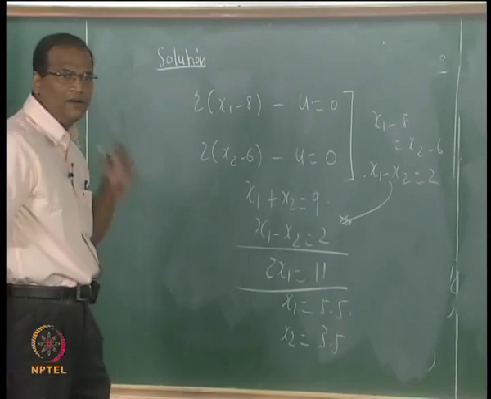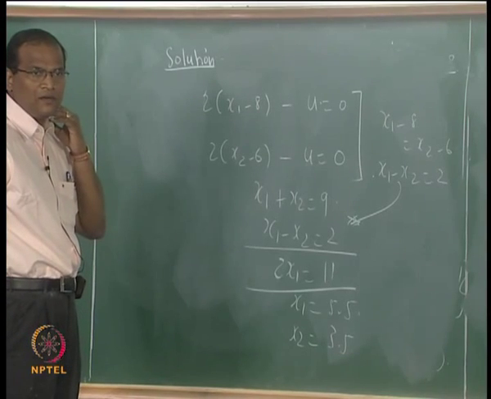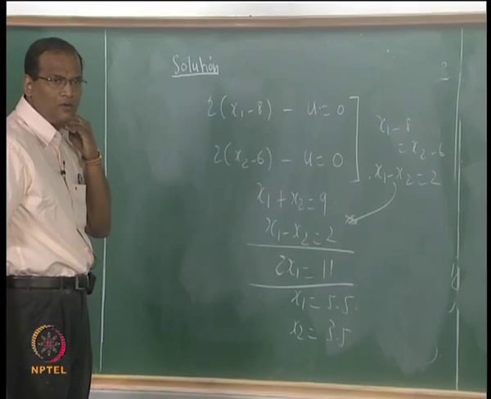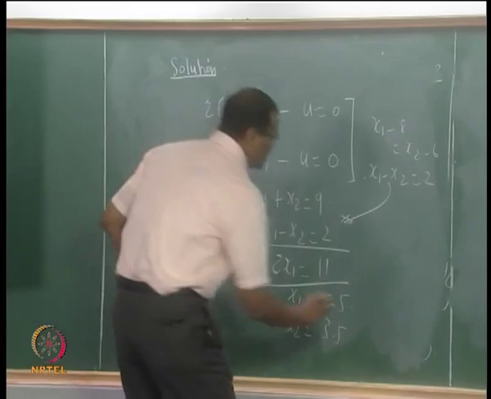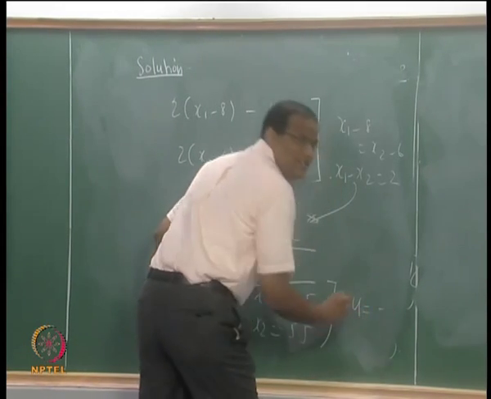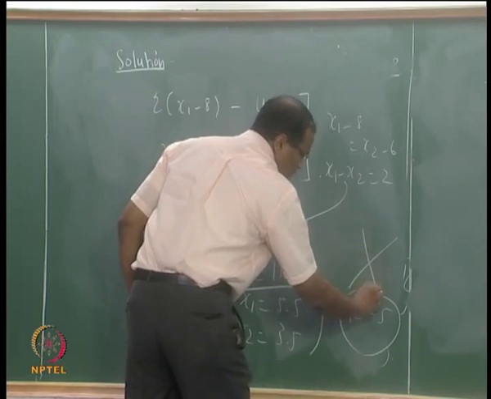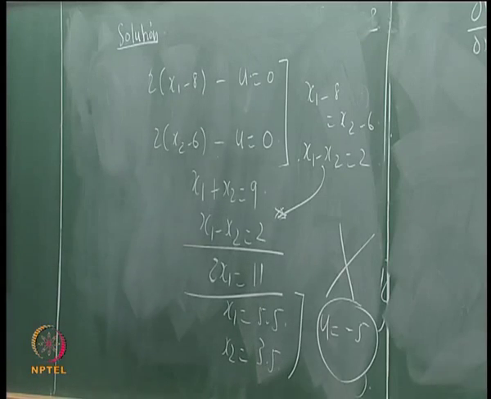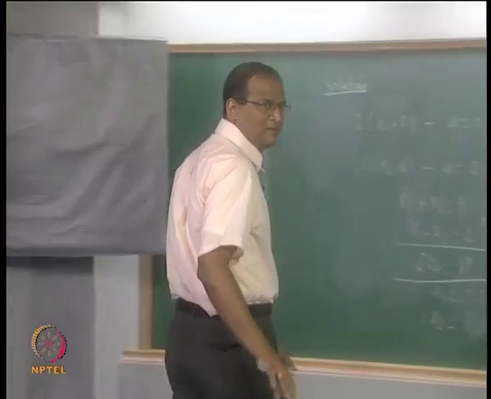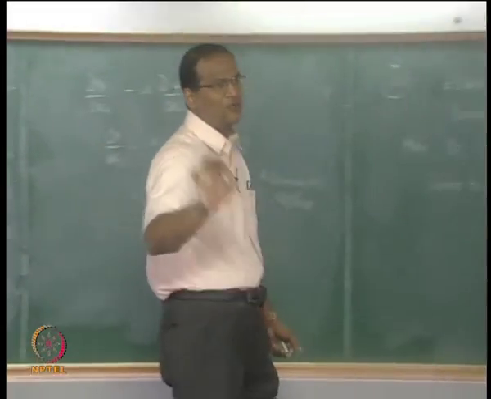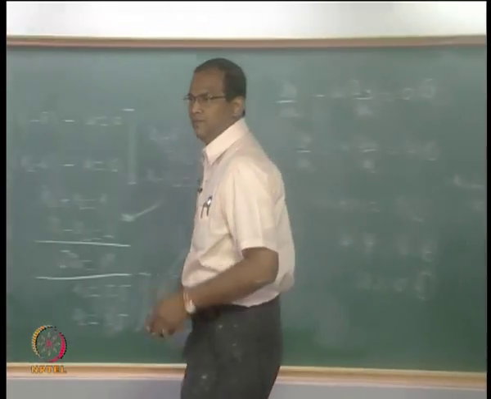What is u? U is minus, so it is totally wrong. U cannot be negative. That is a KTC. Therefore, your original assumption that psi is an active constraint is incorrect. Therefore, psi does not affect the solution to this problem.